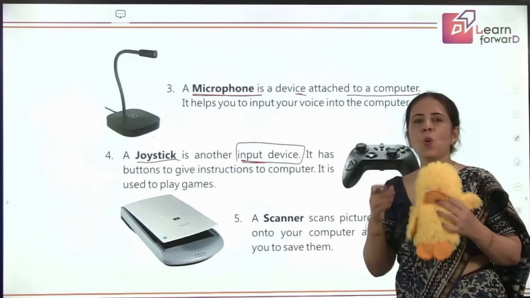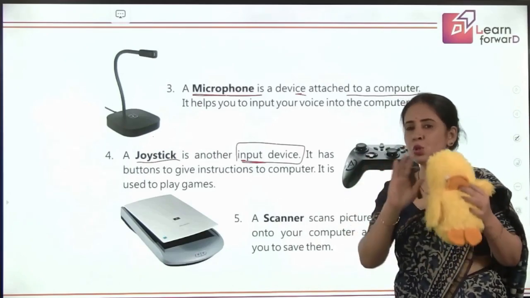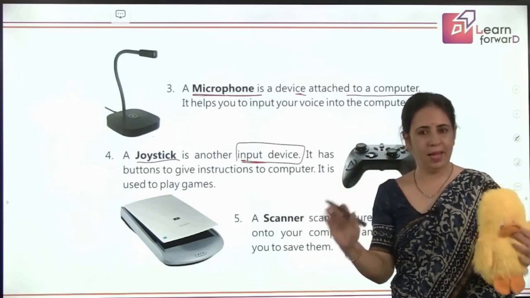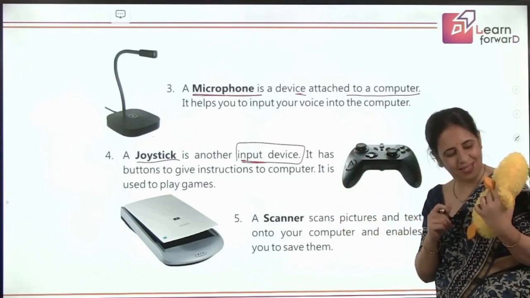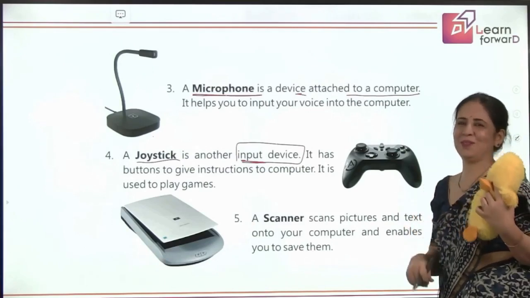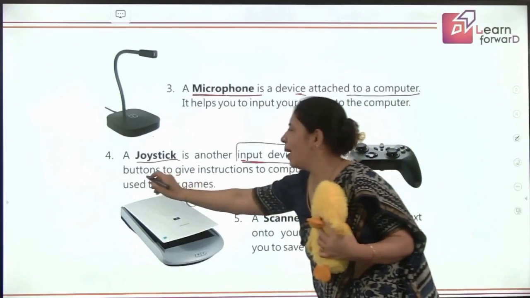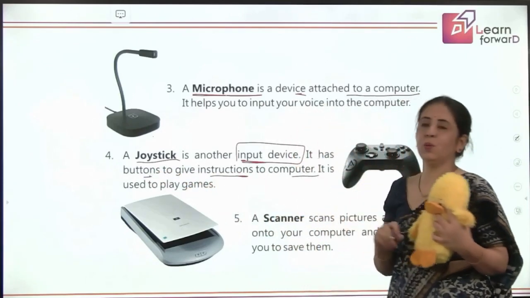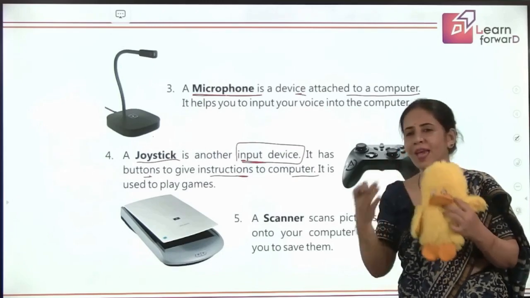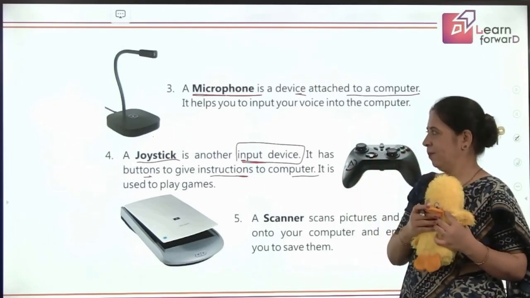Because you are inputting the instructions to the computer to operate your game. Okay? Are you understanding it? He's also understanding it. Lovely. So it has a button which gives instruction to the computer and your game works very, very efficiently.